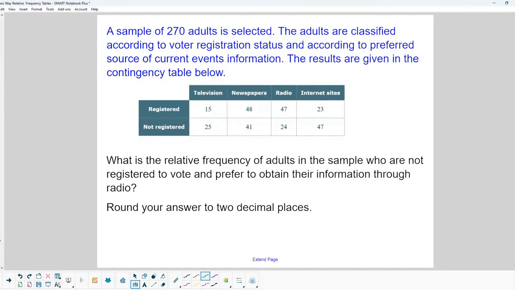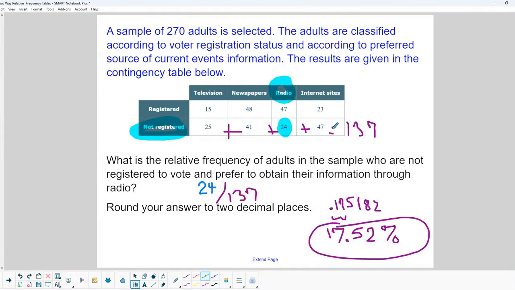All right. A sample of 270 adults is selected. The adults are classified according to voter registration status and according to preferred source of current events information. The results are given in the contingency table below. So what is the relative frequency of adults in the sample who are not registered to vote and who obtain their information through radio? Okay, so we've got to be kind of careful.